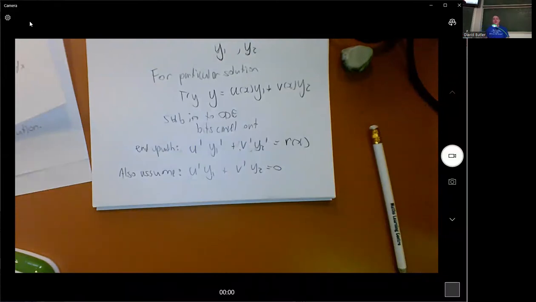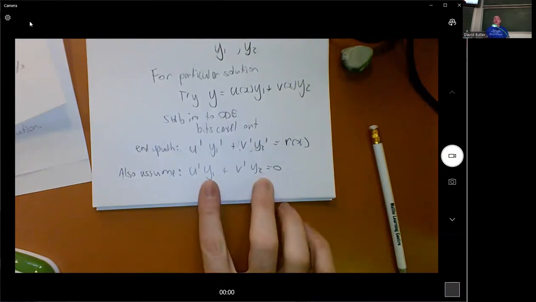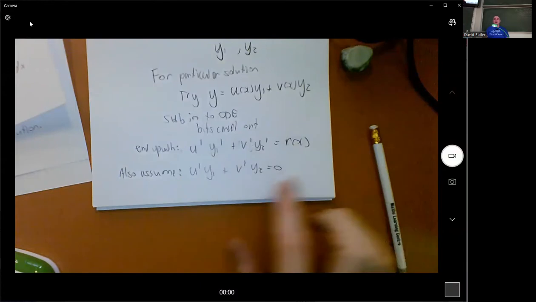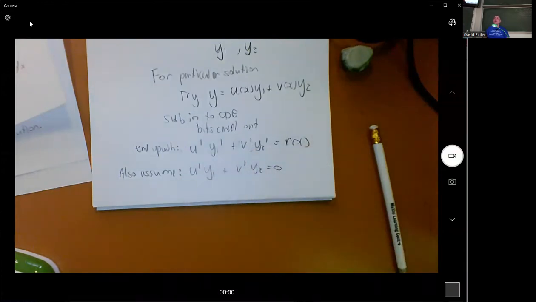And this is now two equations in two unknowns, because I know what y1 and y2 are at the beginning of this entire process, and I know what R is. So I have two equations and two unknowns where the unknowns are functions, and it should be possible to figure them out by matrix methods.